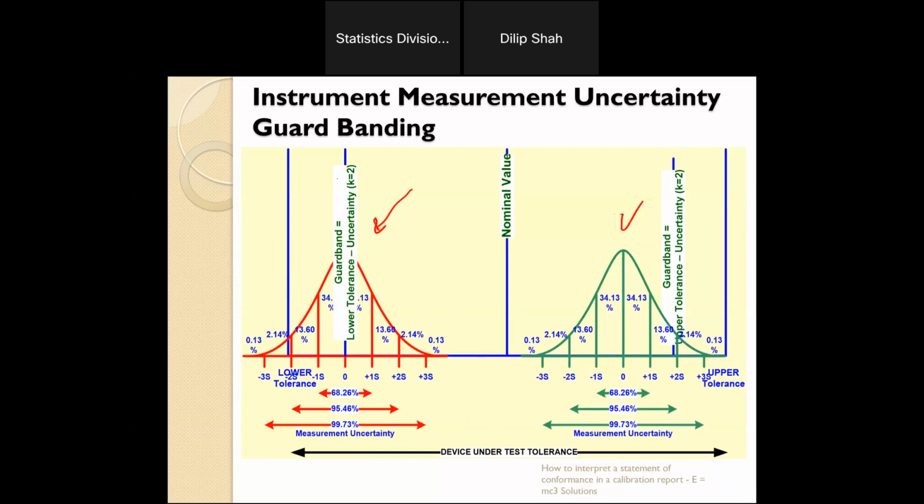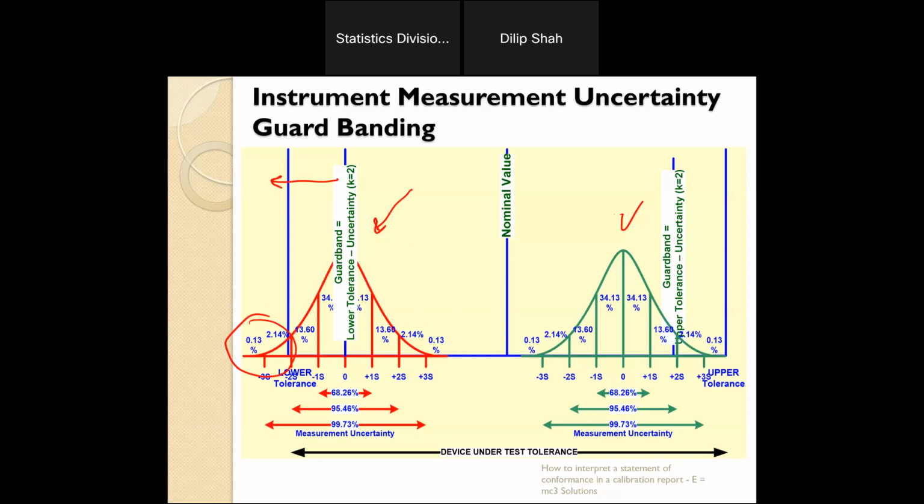If I go any further than that, then it is not in conformance and I can't accept that measurement. And you can see, since we're testing this decision rule at 95% confidence interval, there is roughly that 2.5% probability of false accept that we're willing to live with if we use this decision rule.